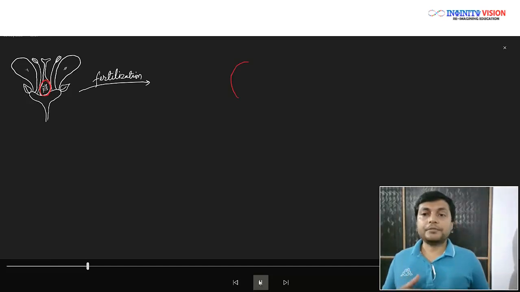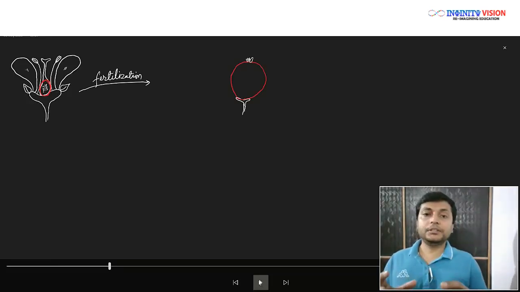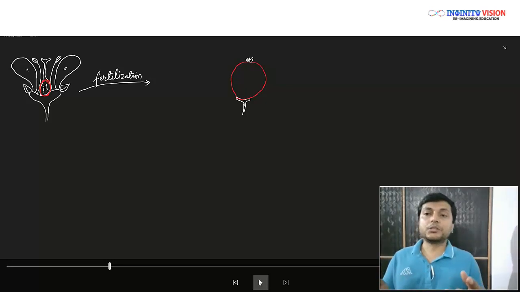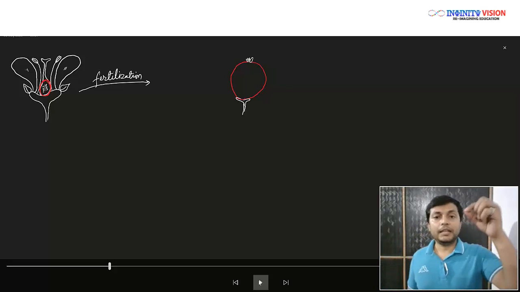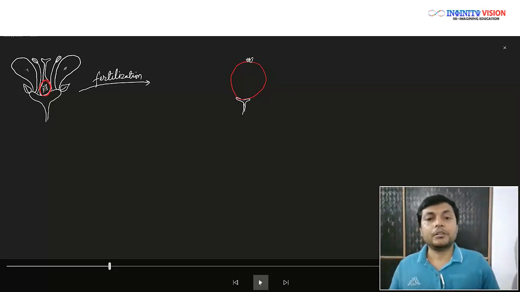Now, after the fertilization, what happens is the ovary changes into fruit, and the remaining floral structures move either to the end of the fruit or remain connected to the thalamus.